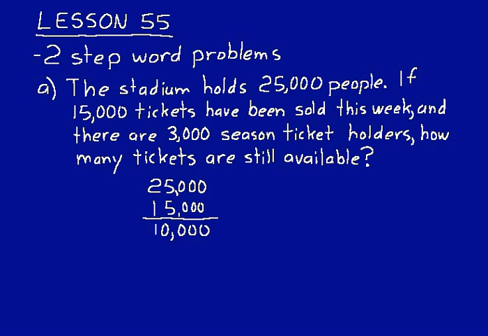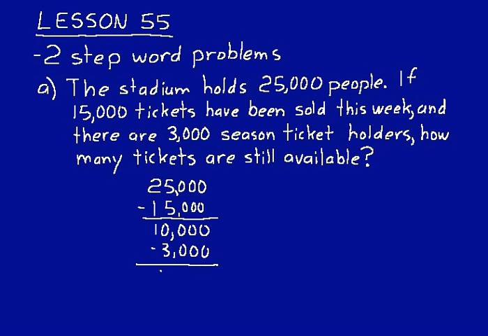Okay, but there are 3,000 season ticket holders, and if you don't know what a season ticket holder is, that's somebody who would maybe buy their tickets. They buy a ticket for a certain seat for the entire year, and they did that at the beginning of the season. And so those are tickets that weren't sold this week. Those were previously sold. So there's 3,000 of those as well. And so we need to subtract from 10,000 then, we need to subtract 3,000. And so let's go ahead and do that.